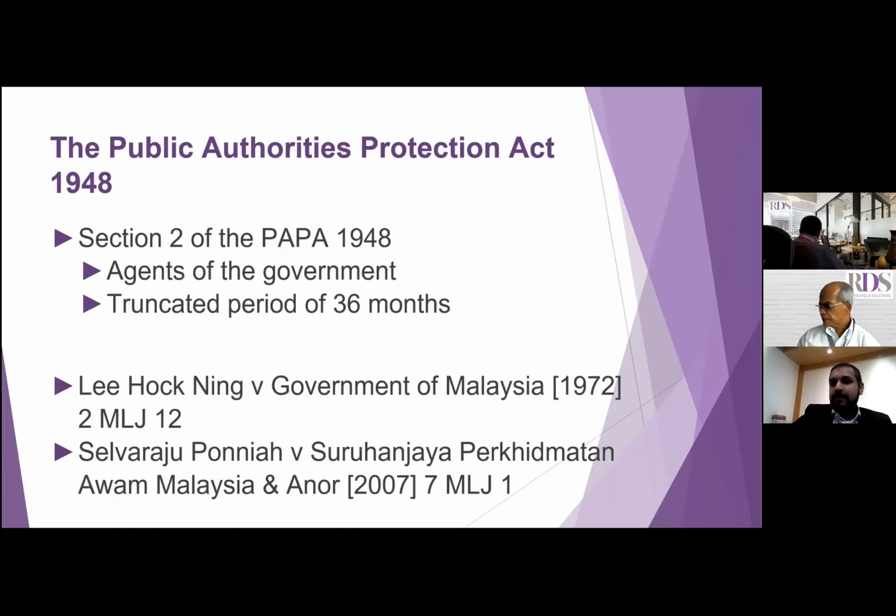There is only a 3-year period in which a party can commence an action against a public authority, and the act complained of must be done in pursuance of the execution of any written law or public duty or statutory authority. And the strictness in terms of the 36-month period can be seen in the case of Selvaraju Ponea and Suruhan Jaya Perkhidmatan Awam Malaysia. It's a 2007 Federal Court case where the court applied the provisions strictly.